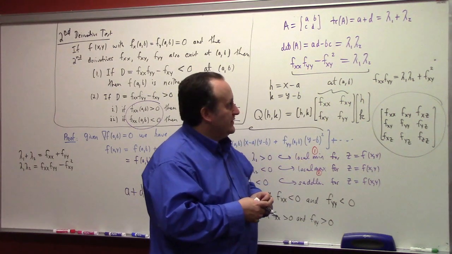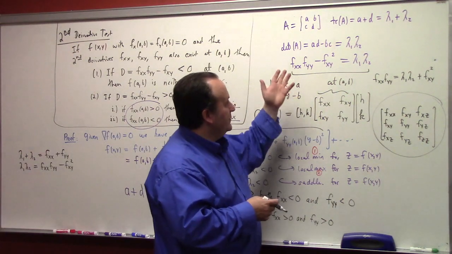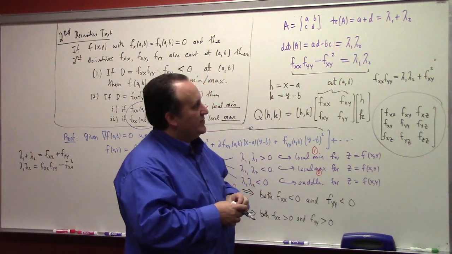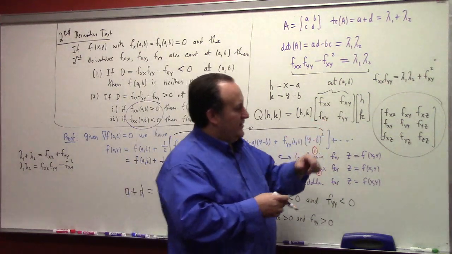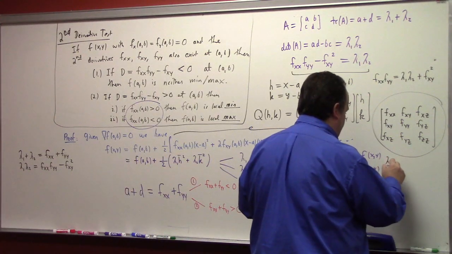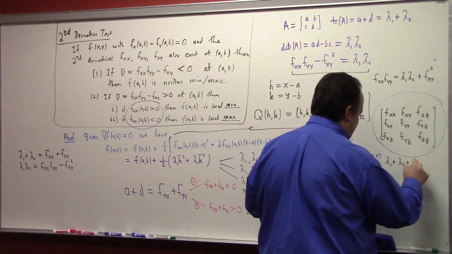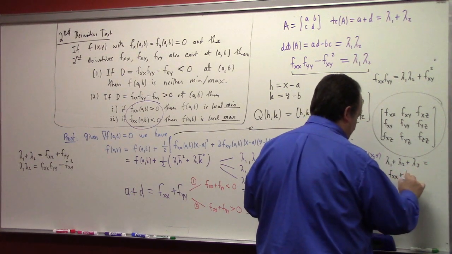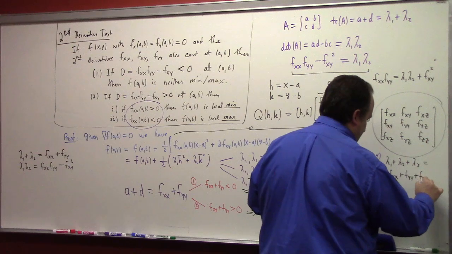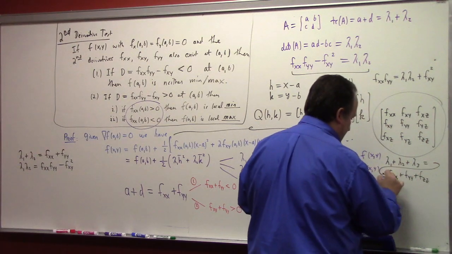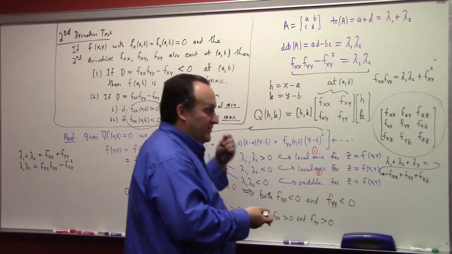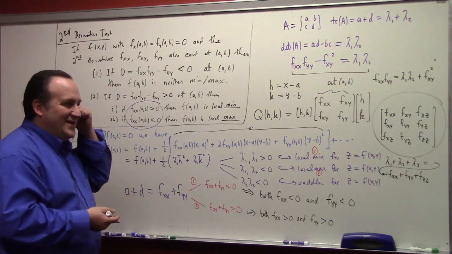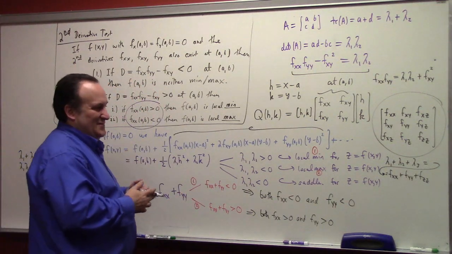But I guess it's kind of interesting to think about how would you actually hack through it. Getting us started, lambda 1 plus lambda 2 plus lambda 3 equal to what? Fxx plus fyy plus fzz, right? You'd have that's equal to that. But the determinant here is so much nastier, right?